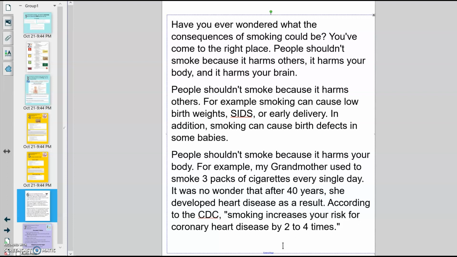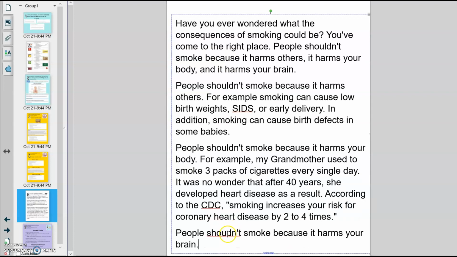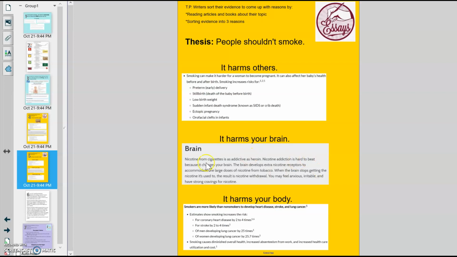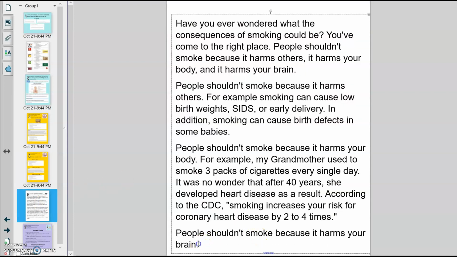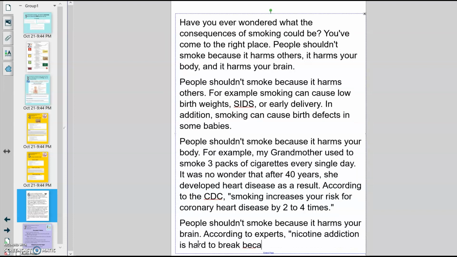Okay, now I'm going to do body paragraph 3. People shouldn't smoke because it harms your brain. Okay, let me go back and look up my evidence. Nicotine addiction is hard to beat because it changes your brain. So I'll say, according to experts, nicotine addiction is hard to break because it changes your brain.